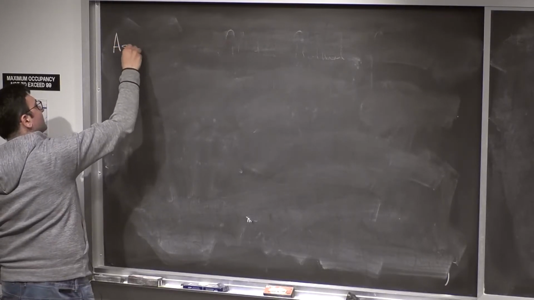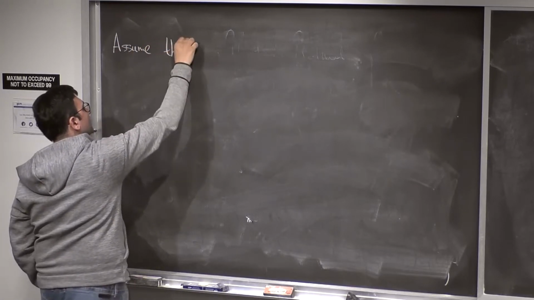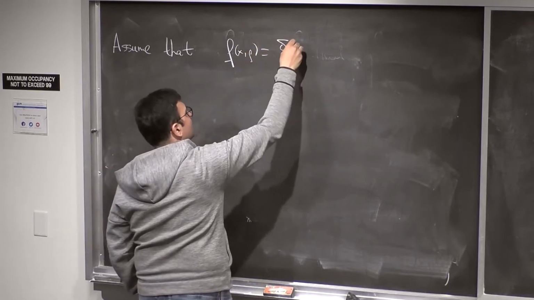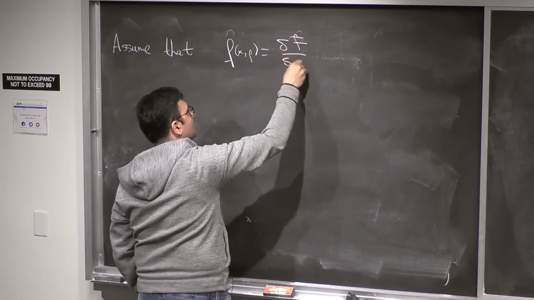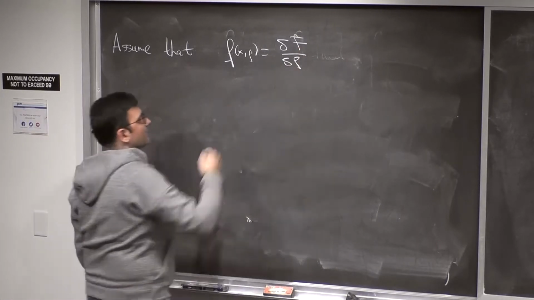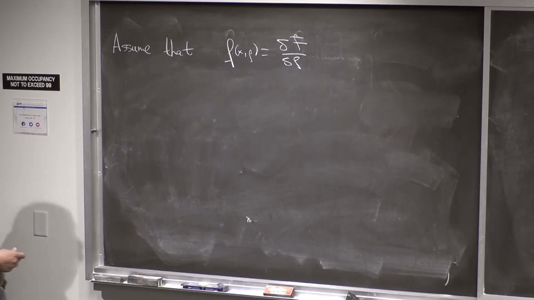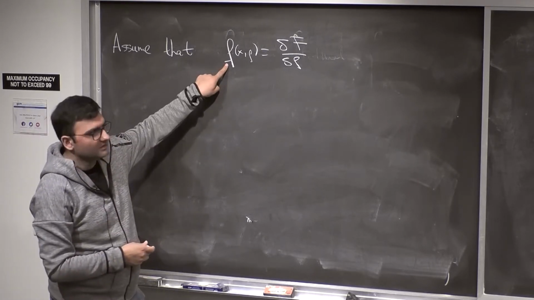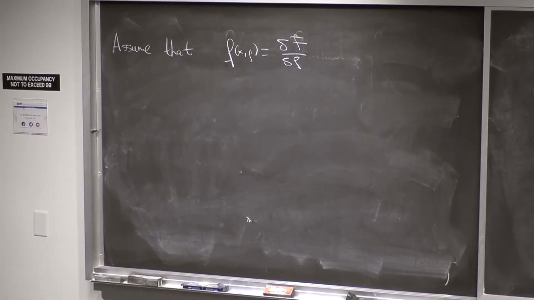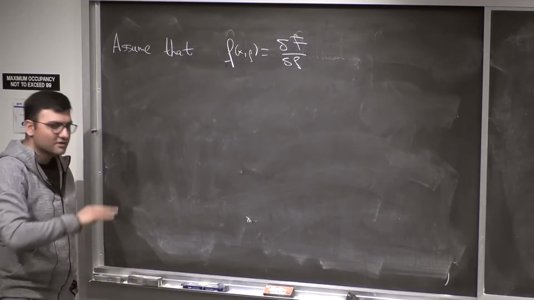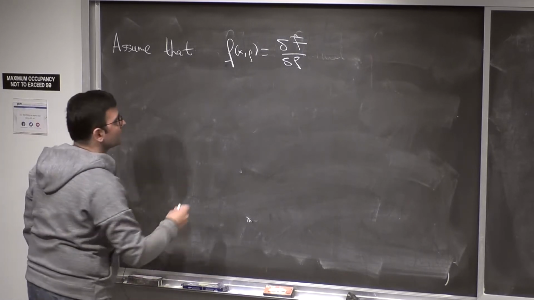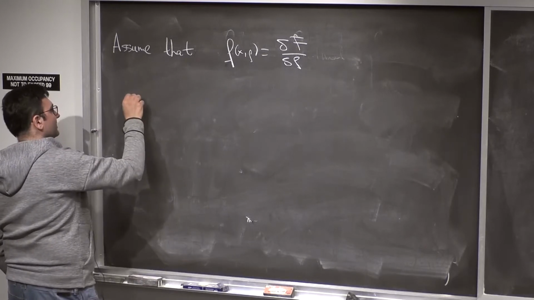Assume that there exists a functional F that depends on rho, so that little f is the variational derivative of this F, and this is the not so perfect L2 derivative that Wilfried yesterday was talking about. So it's the variational derivative, and the way we define it is as follows.